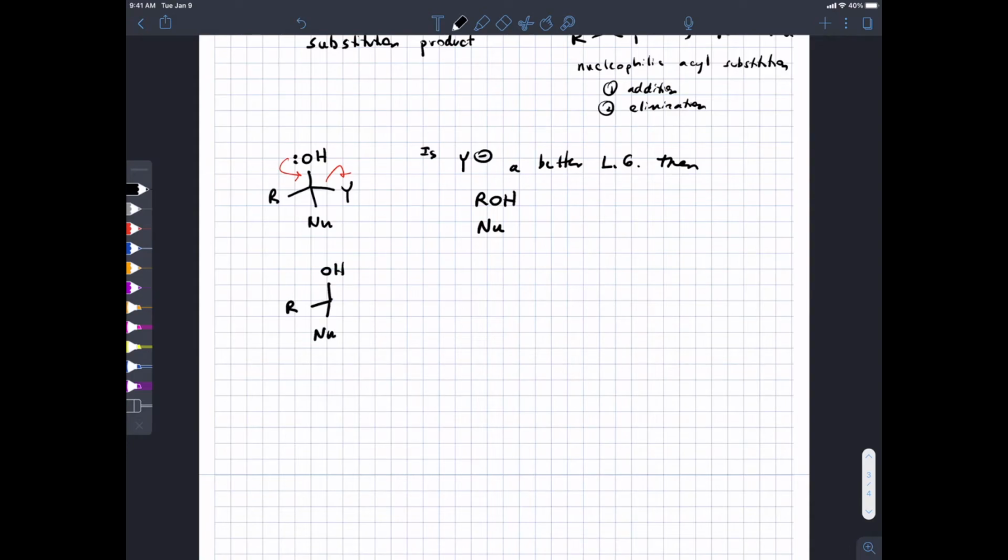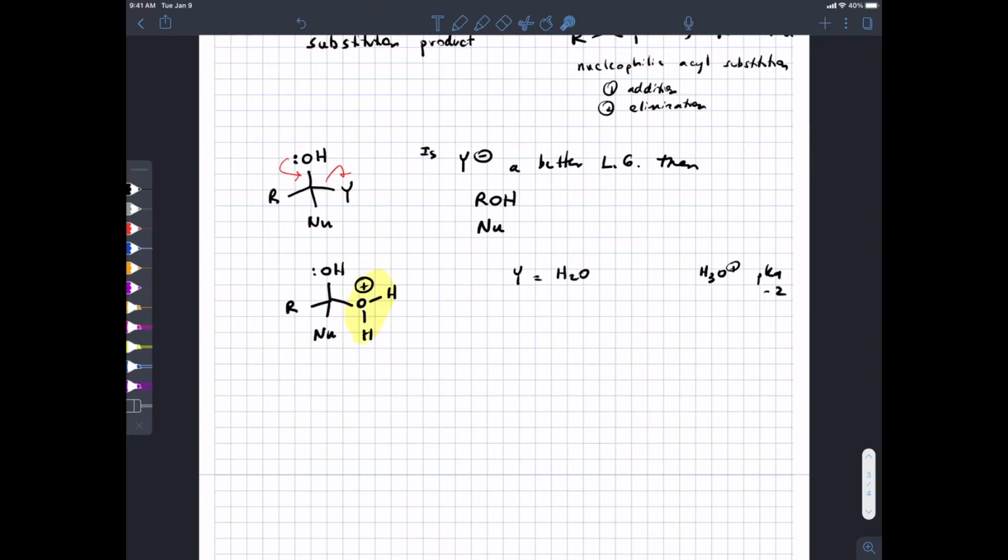Here's a nucleophile, and let's suppose the leaving group was hydronium. So you're going to compare the leaving group, which in this case would be H2O, versus a neutral oxygen. The conjugate acid of H2O is H3O plus, pKa of -2.